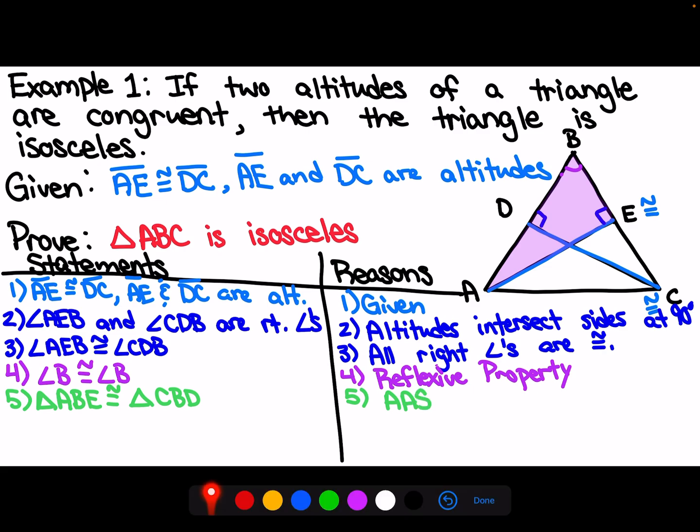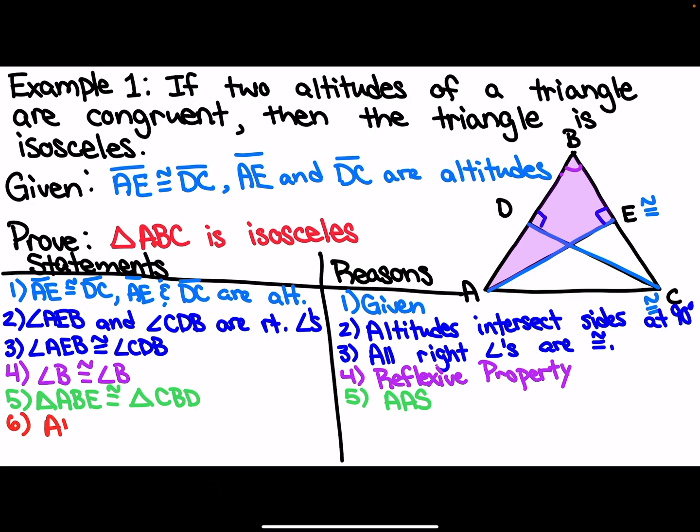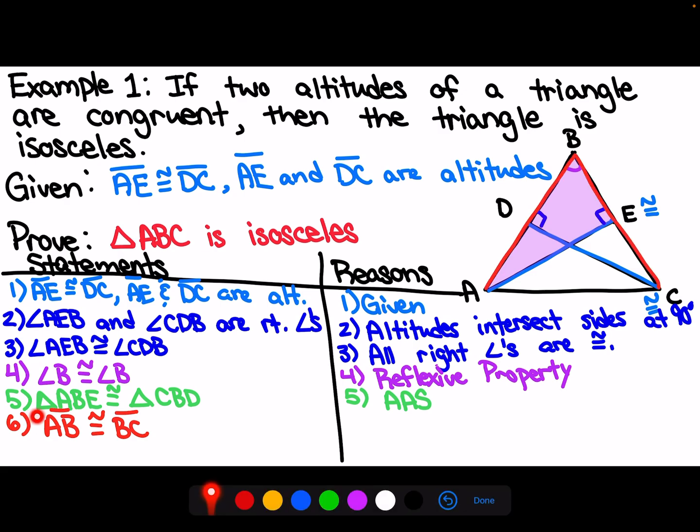Now, if these two triangles are congruent, I see that AB is a segment of these two triangles up top. I can say the same with BC with our corresponding triangle. So therefore, I can now say that AB is congruent to BC. And the reason I can say that these two segments are congruent is based upon number 5, the triangle congruency.